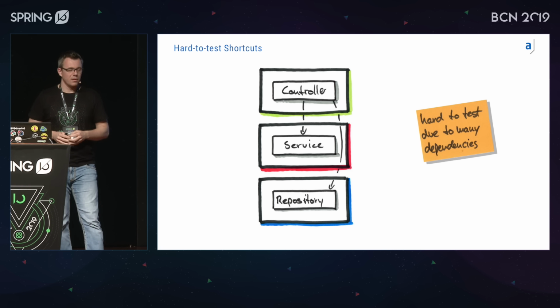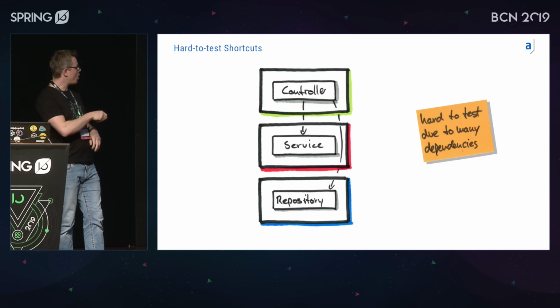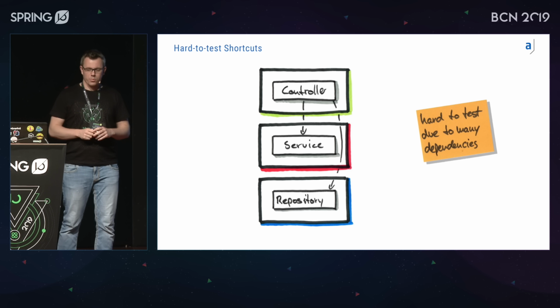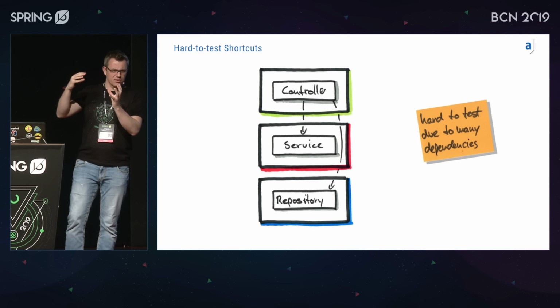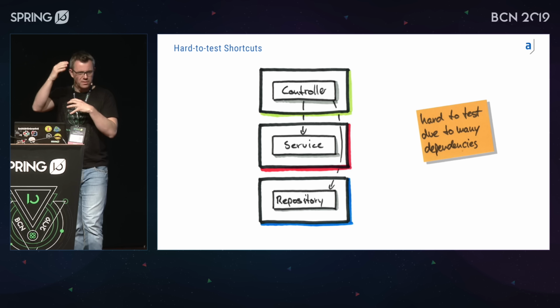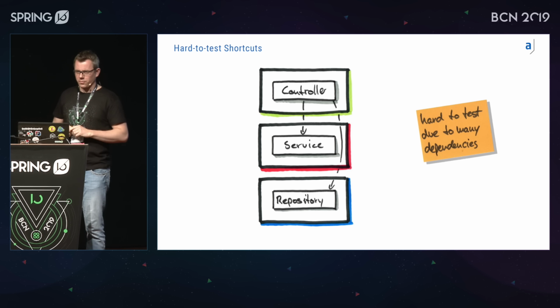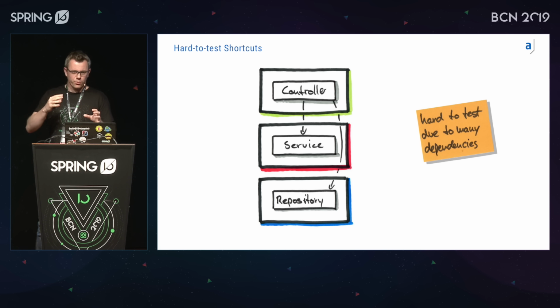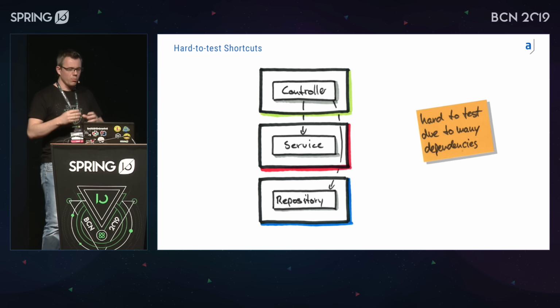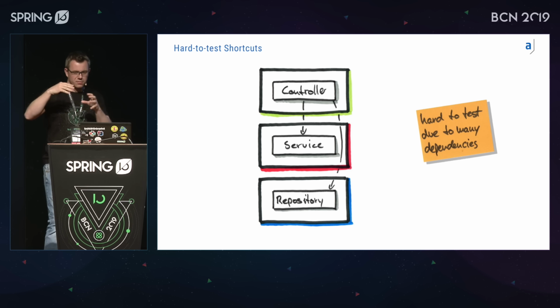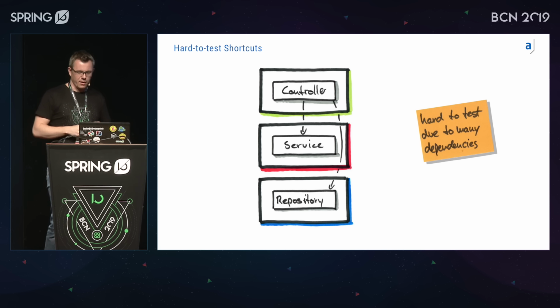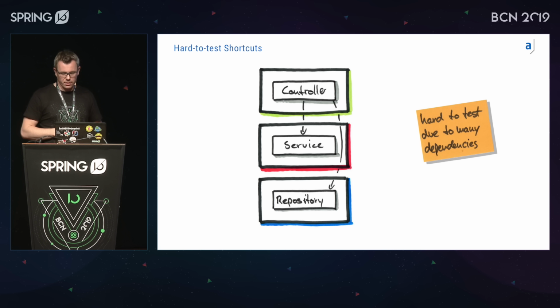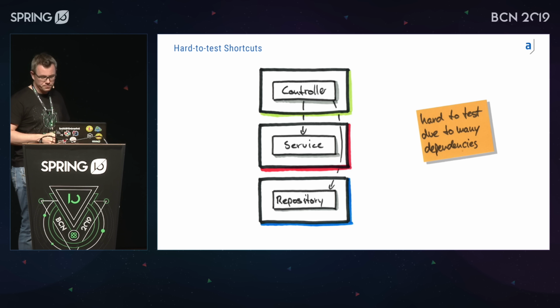So for the test of our controller here, we would have to mock the business layer away, and we would especially have to mock away repositories, so we're having a lot of mocks. If someone new comes to the team and sees the test code, he might get confused. Tests are getting harder. We have to mock more. We have to mock different layers, different technologies. It's going to be a little harder than if we just have to mock away only one layer.